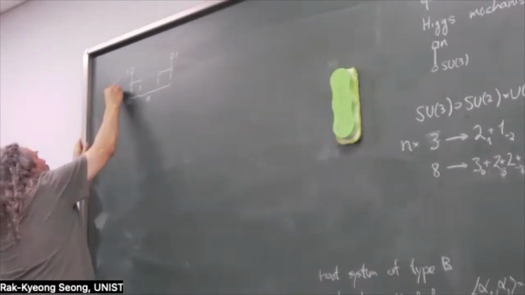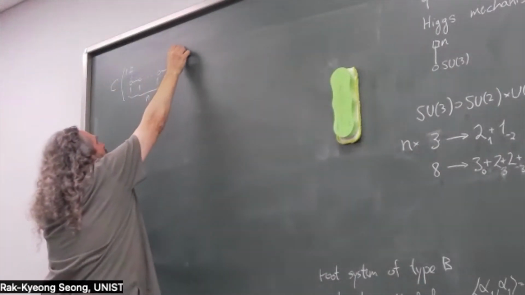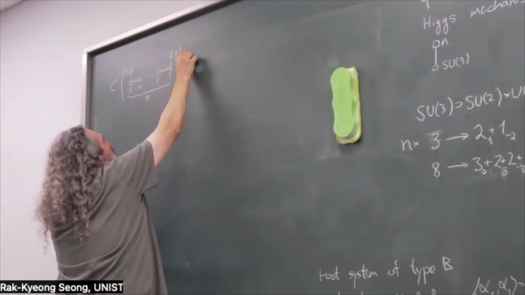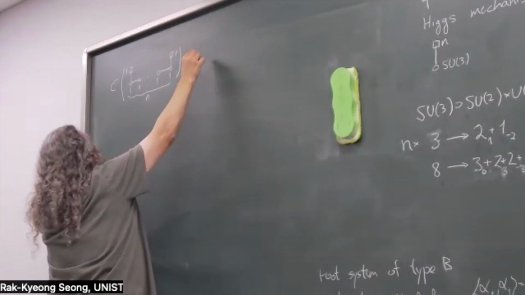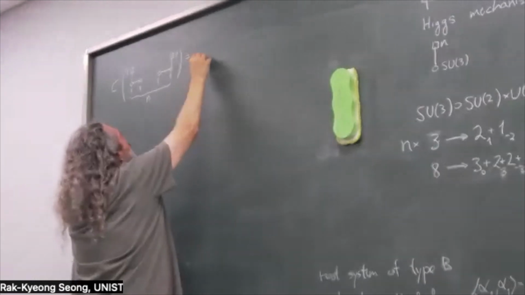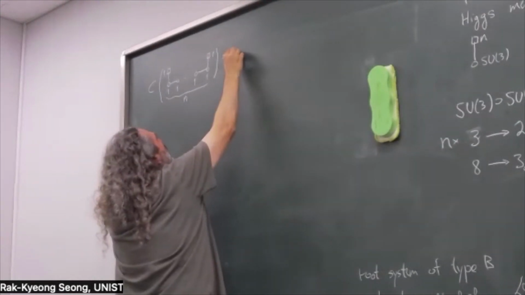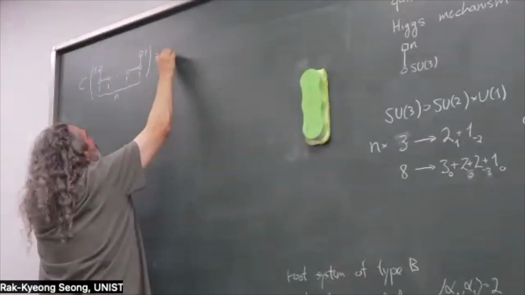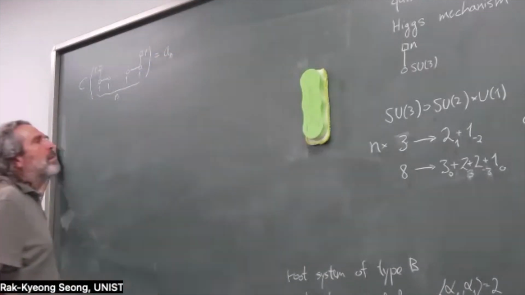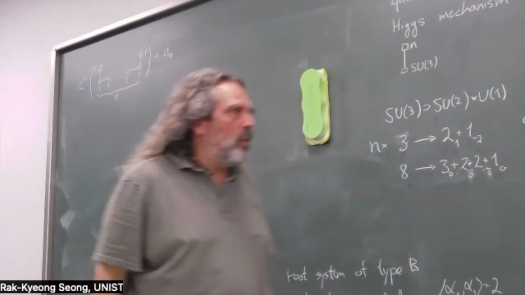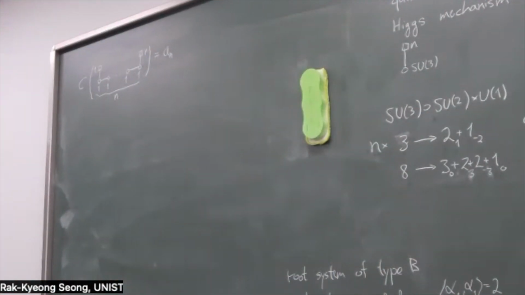The Coulomb branch of this quiver is A_N, which is what we said before.